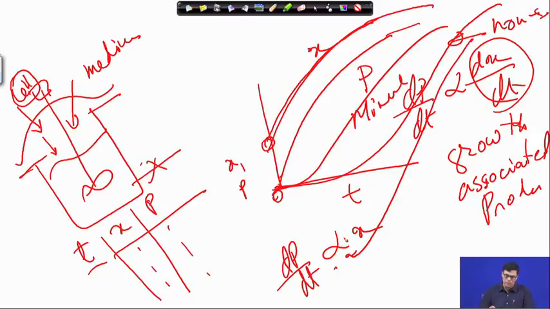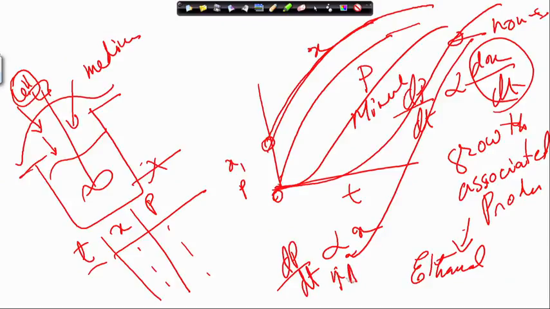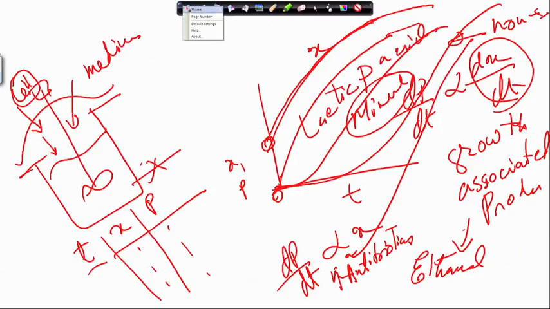The examples are several, but in case of growth associated product, the example I told you is ethanol fermentation. In case of non-growth associated product, all the antibiotics like penicillin. And mixed growth associated product is lactic acid. So, these are the different fermentation processes that we have.